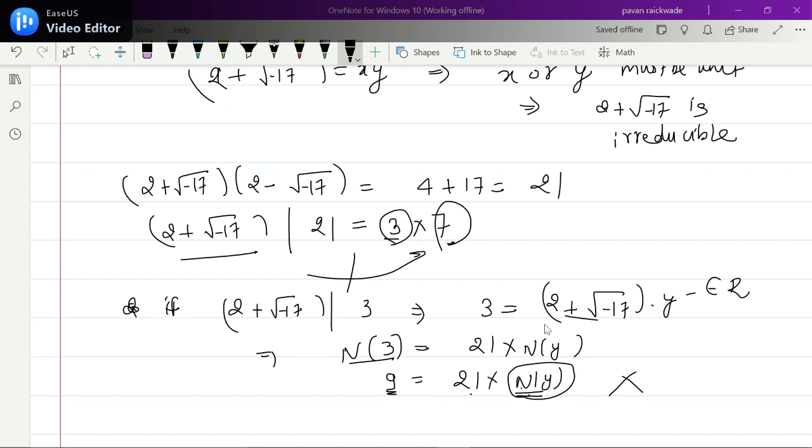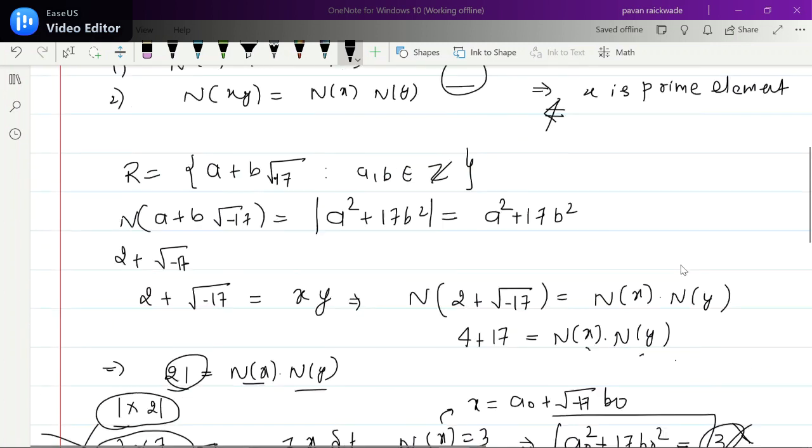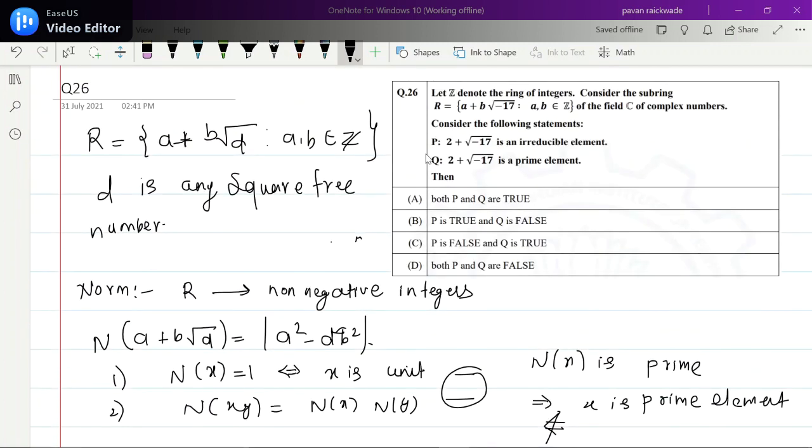There is no way, because norm of y is an integer, and there is no integer such that 21 times that integer is 9. This is not possible. So 2 plus root minus 17 cannot divide 3, and in the same way we can show that it cannot divide 7 either, but it divides the product of those two elements, which is 21. Hence 2 plus root minus 17 is not prime.